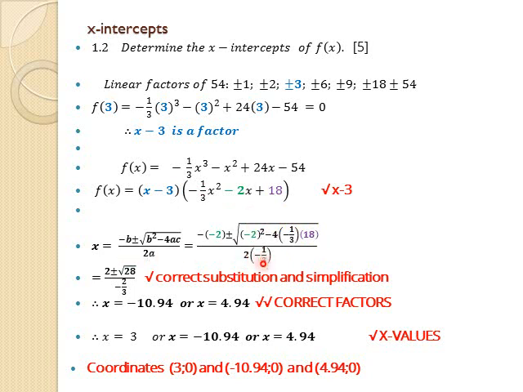Bottom is 2 times a, 2 times negative 1 over 3. I use my calculator to simplify. x equals minus 10,94 or x equals 4,94. 2 marks for correct factors. So the coordinates of my x-intercepts: x equals 3, x equals minus 10,94 or x equals 4,94.